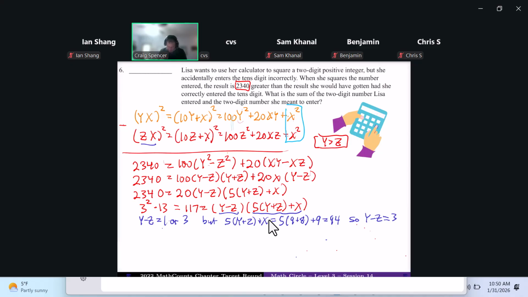Now we know that y minus z is equal to 3. I can divide both sides by 3, and on the right-hand side I get 39. So 39 is the same thing as 5 times y plus z plus x.